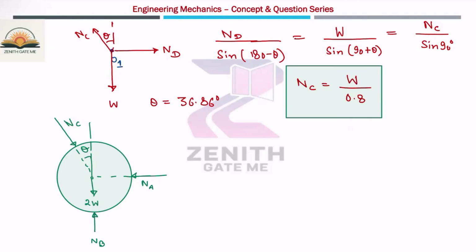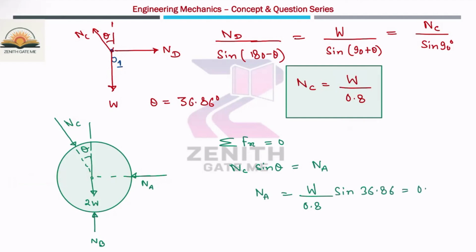So can I write summation of force in the X direction equals 0, NC sine of theta is equal to NA. I'm just equating the force in the X direction. So from here you will get the NA value, because NC is W by 0.8 and sine theta is for 36.86 degrees.